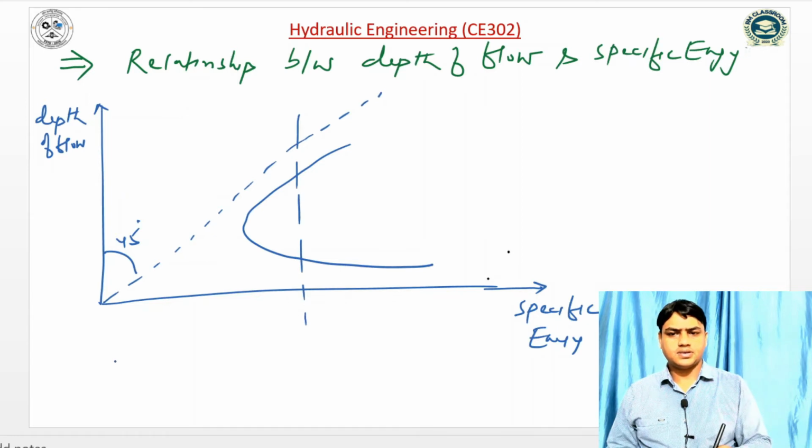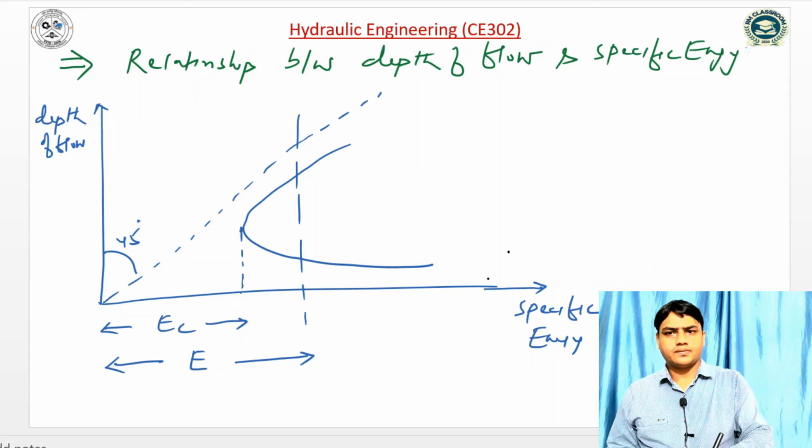At a certain value of specific energy, let us assume this is E, and this is the critical specific energy EC, and the depth at the critical energy is called critical depth. At a certain value of specific energy there are two depths.